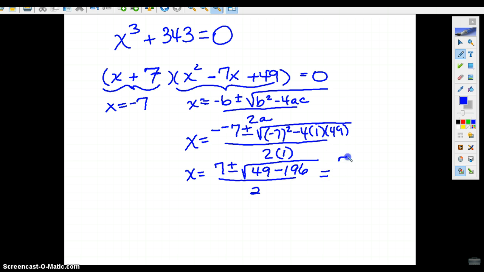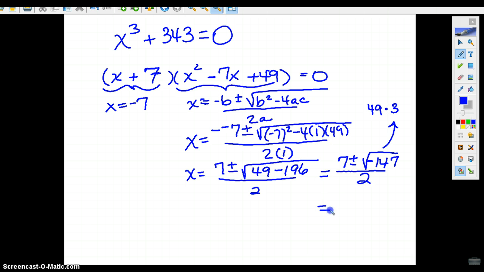So that simplifies to 7 plus or minus the square root of a negative 147 all over 2. I definitely can take the negative out as an i, because the square root of a negative 1 is i. But 147, I should check to see if I can break that down. And, because I did my math earlier, I can. 147 is the same thing as 49 times 3.